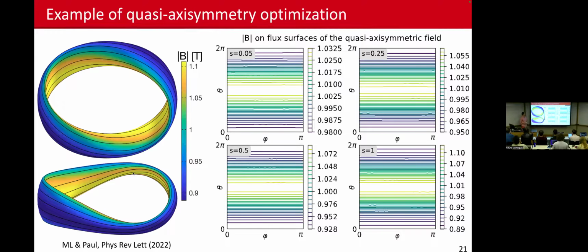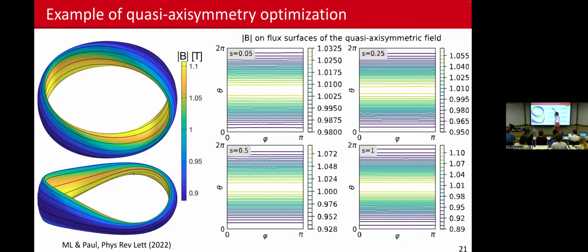Okay, so this is just some nice pictures showing, in this case, a 2-field period quasi-axisymmetric device. You can see the quasi-axisymmetry if you look at mod B contours on the surface of the plasma.